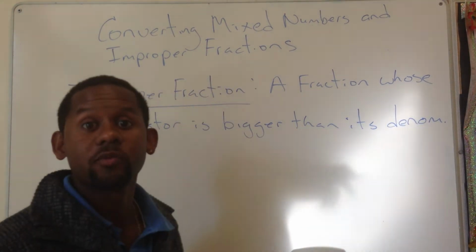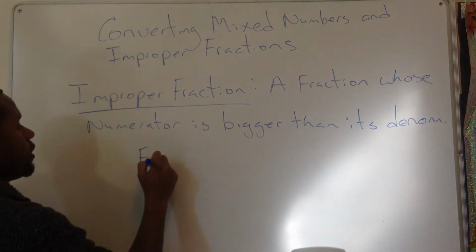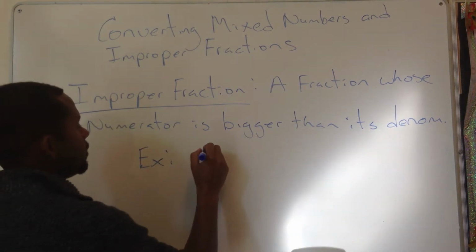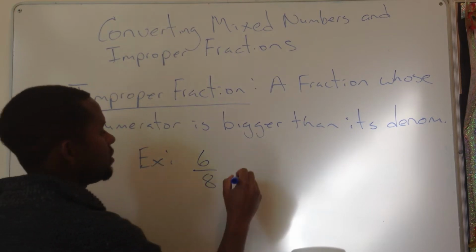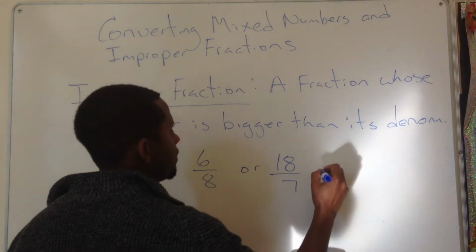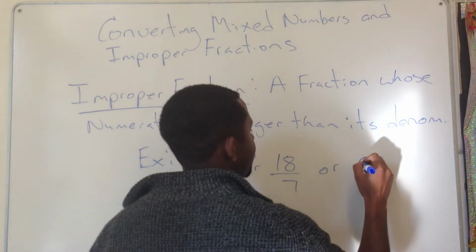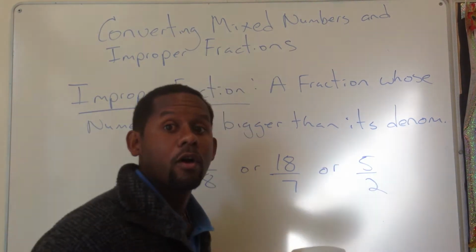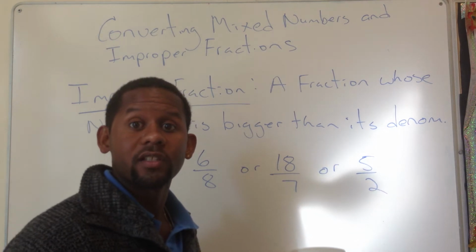Okay? Fraction. Numerator is bigger than the denominator. So for example, 6 over 8 or 18 over 7 or 5 over 2. All of those are improper fractions.